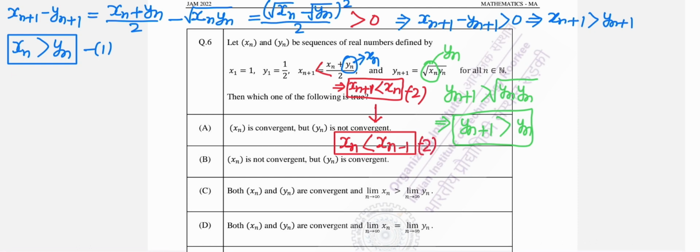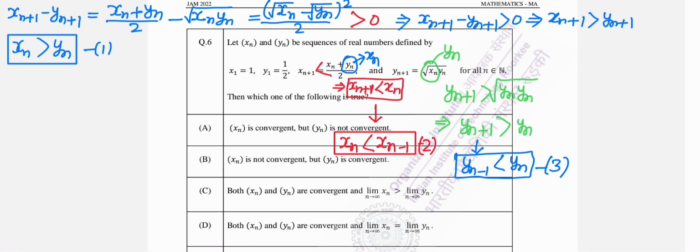Okay, sorry, I remove this one, so relation number 2 is now changed. And in the same way, if you replace n by n minus 1, then you get y n minus 1 is smaller than y n. Okay, clear? And this will be our third relation.